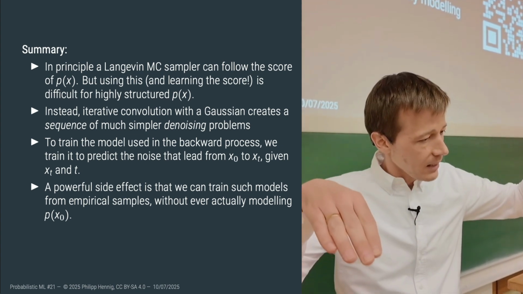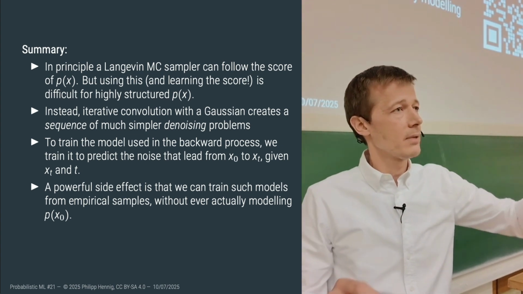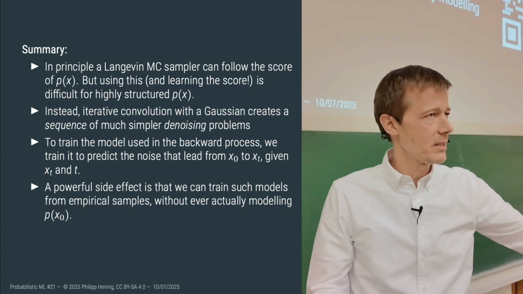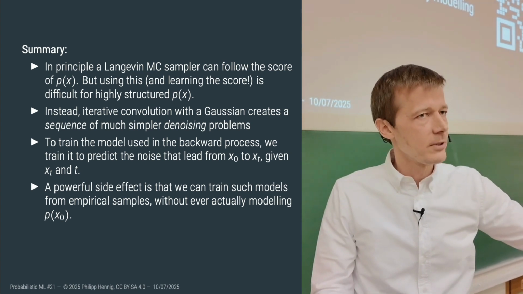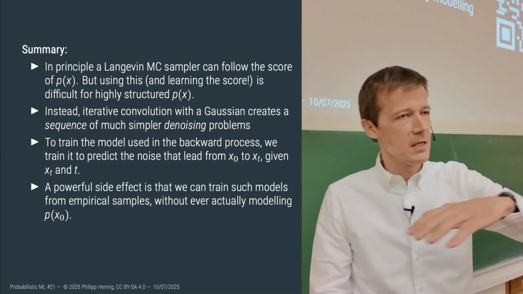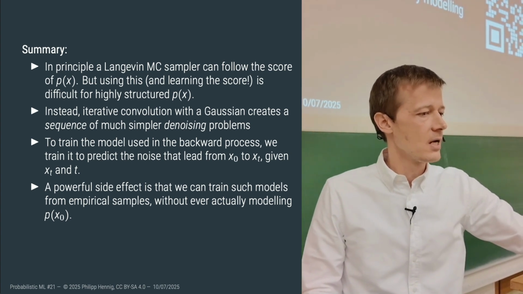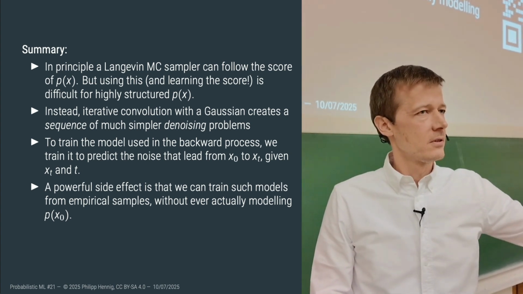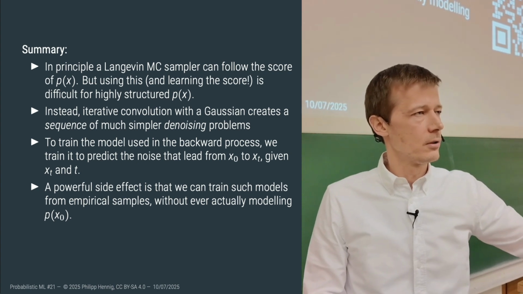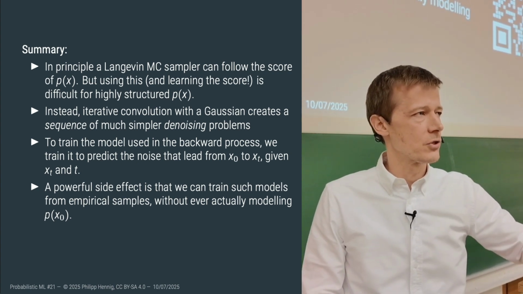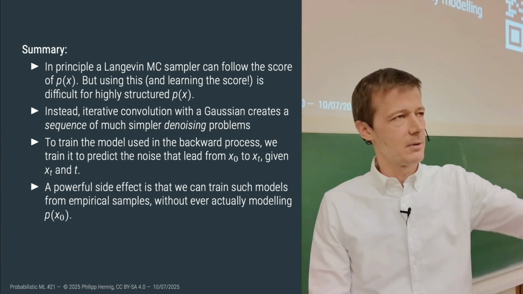And then we can take a step backwards towards the original distribution by estimating, using Bayes' theorem, what the original sample may have been if we draw from the smoother distribution and want to go back to the more peaky distribution. That step involves the score, the gradient of the log probability distribution at that point in the sampling process.